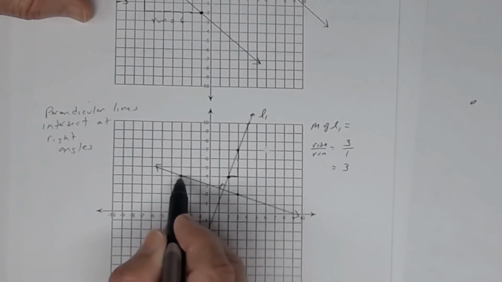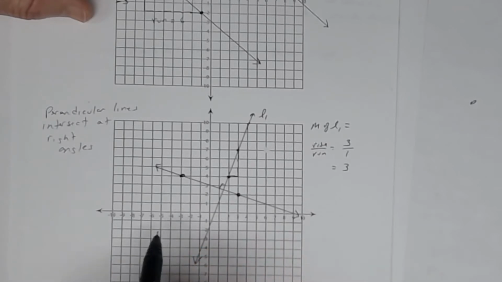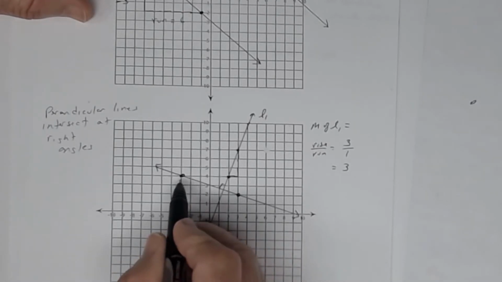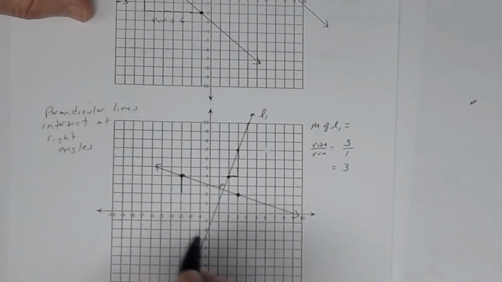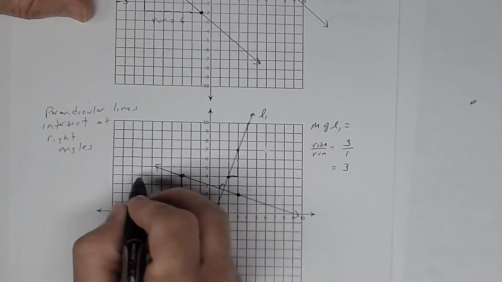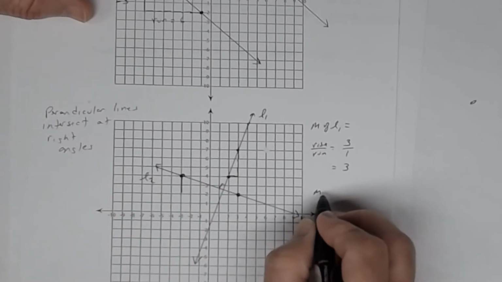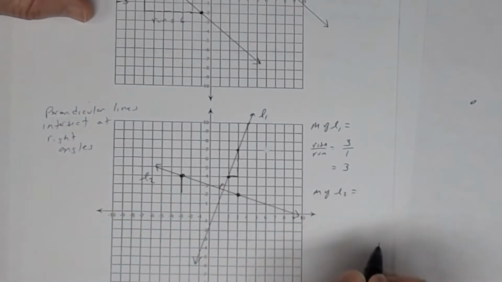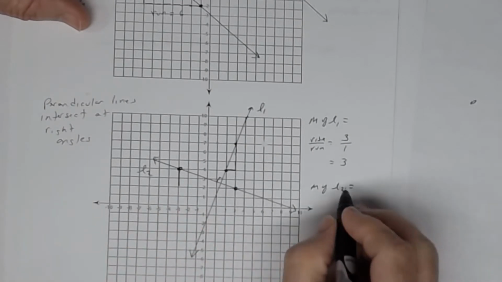All right, so here are 2 points. Let's start here. I'm going to go down, so that's going to be my rise. Since I'm going down, it's negative. 1, 2, so I went down 2, right? So let's call this line 2. So the slope of line 2 equals, so I went down 2.